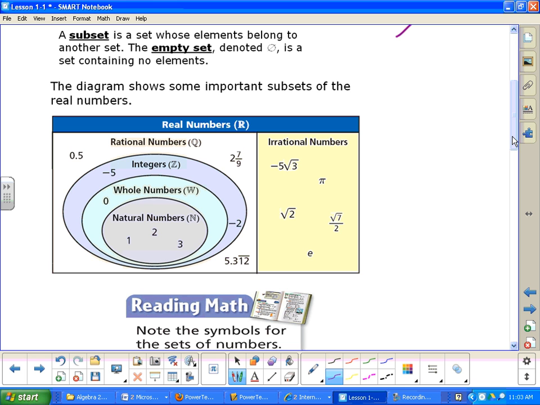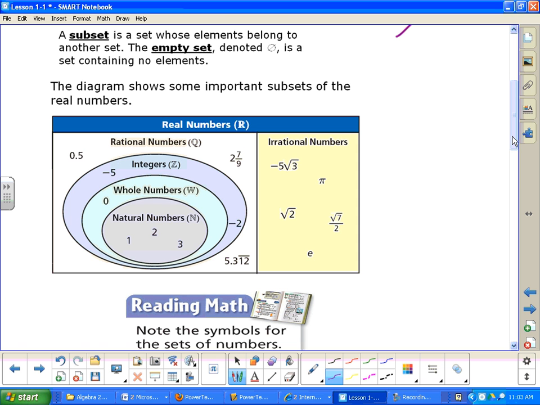Whole numbers are all the natural numbers plus 0. Integers are all the whole numbers plus the negative ones. Rational numbers include all of those plus anything I can write as a fraction. So if a decimal terminates or repeats, it can be written as a fraction, so it would be a rational number.